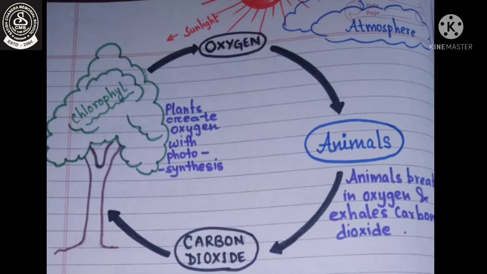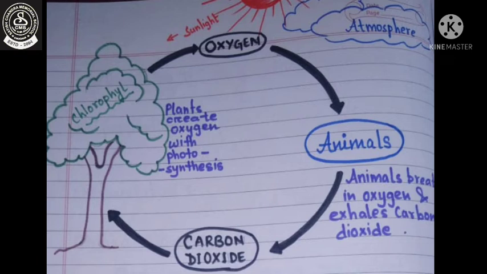Plants will not be able to survive without animals as they will not get carbon dioxide, and if they do not get carbon dioxide they will not be able to prepare their food and ultimately they will die. On the other hand, if plants are not there, we animals will not get oxygen and we will not be able to breathe and ultimately we will die.